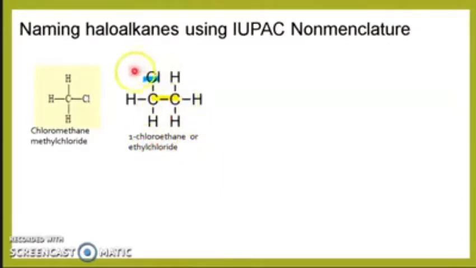We proceed by the name of the branch, which is chloro. We number the main chain to give the branch the lower number, which is number 1. Or we can follow the pattern alkyl halide, alkyl representing the alkyl group ethyl because we have 2 carbon atoms, and the halide, which is the chloride.